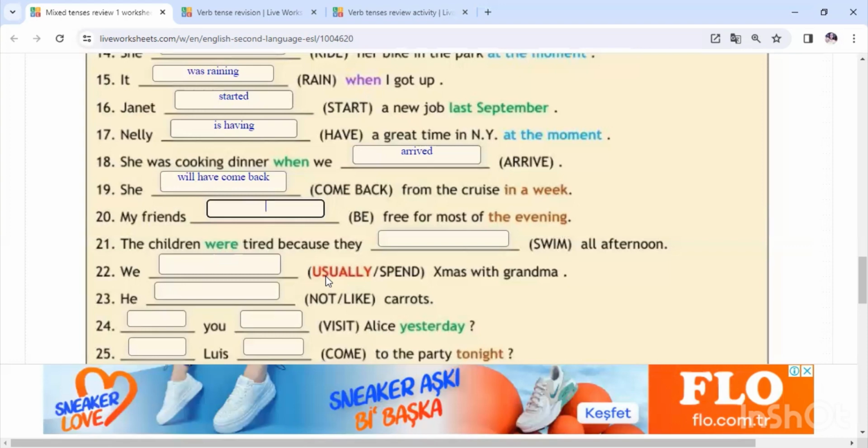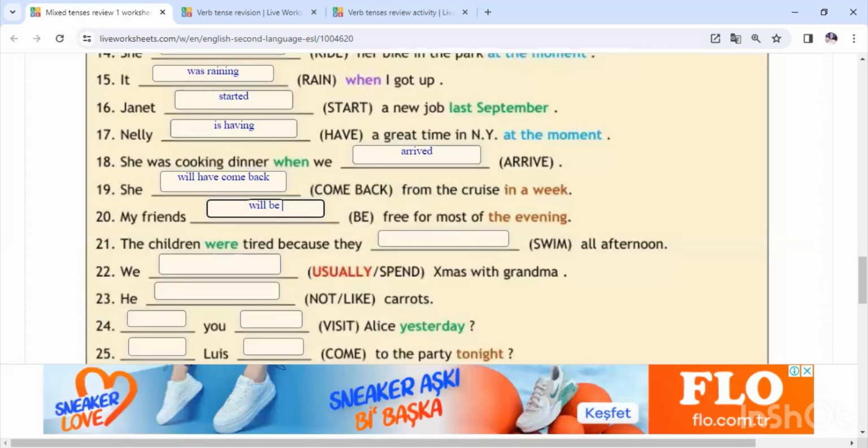We can say will be. If it's a state in the past, we can say my friends were free. If it's a state at present, we can say my friends are free. If I'm talking about the future, I can say my friends will be. It depends on the situation. We don't know the situation in a detailed way, so we can say will be. Please translate. Arkadaşlarım akşamın çoğunda serbest olacak. Well done.